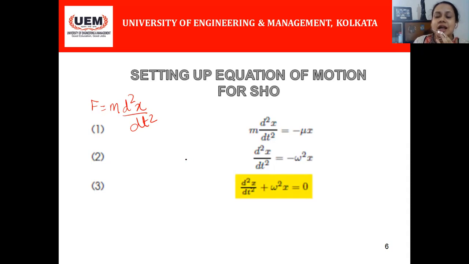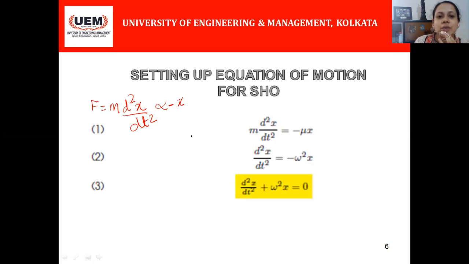Then if we choose to represent the displacement as x, the restoring force, which by Newton's second law of motion is mass into acceleration, is directly proportional to the displacement x, and there's a negative sign coming in because the force is directed opposite to the displacement.